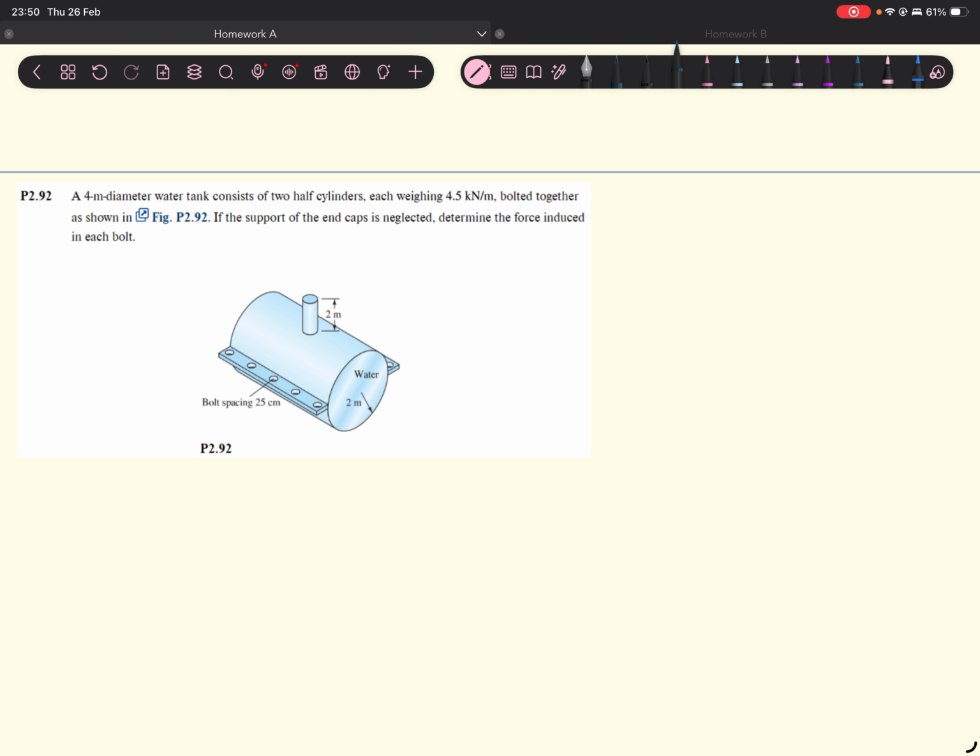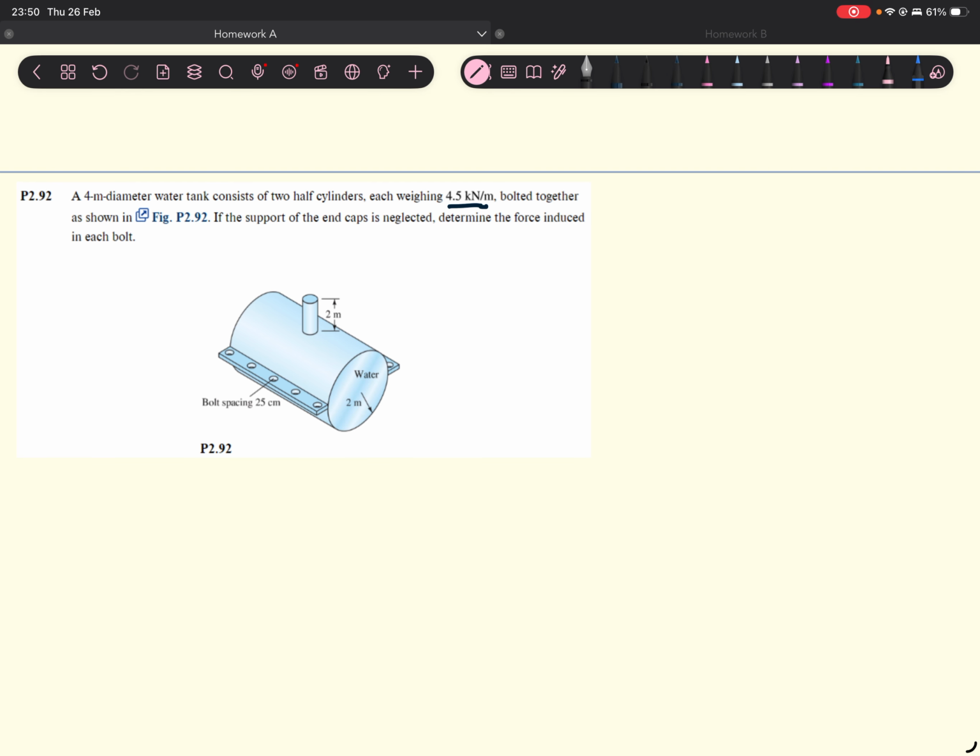So each meter length of each half of the cylinder weighs 4.5 kilonewtons. So basically, if this whole thing was 1 meter long, then the top half would weigh 4.5 kilonewtons and the bottom half would also weigh 4.5 kilonewtons.